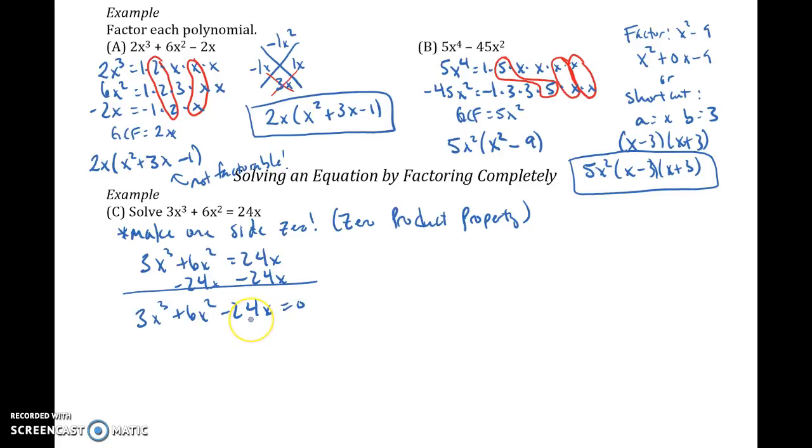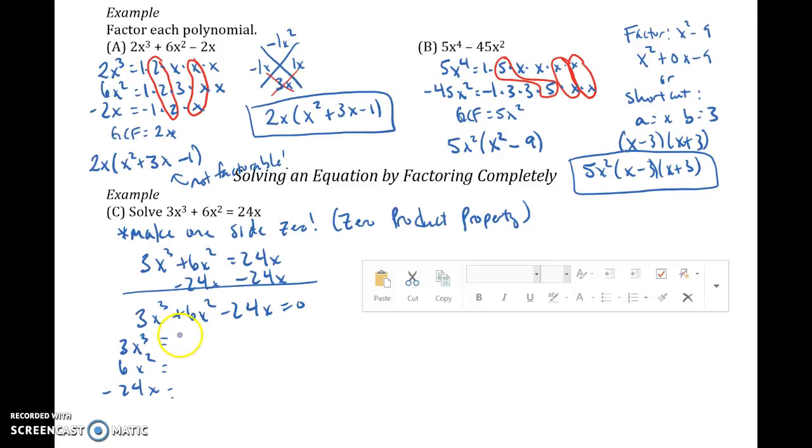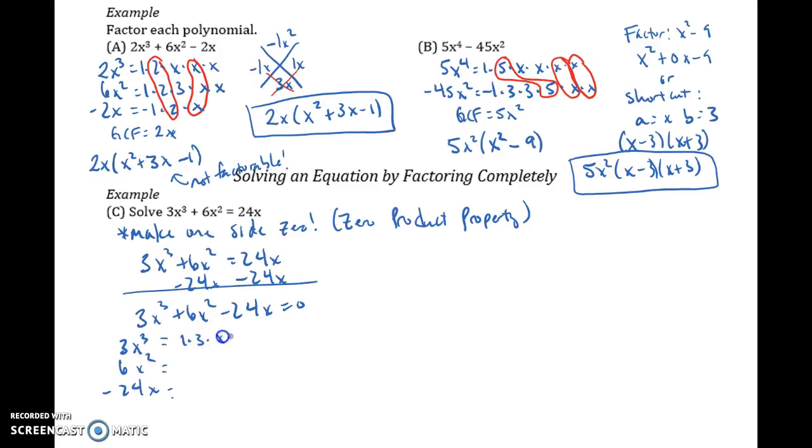And then again, run through the same sequence. Is there a greatest common factor? If there is, take it out. If there isn't, try out your puzzle. Try out any special patterns. Okay? 1, 3, 3 x's. 1, 2, 3, 2 x's. -1, 2, 2, 2, 3, and an x.